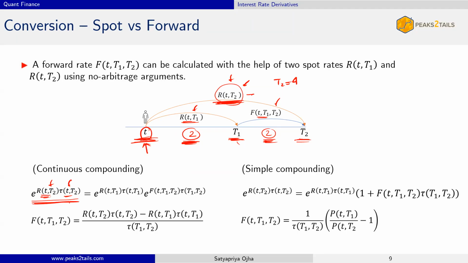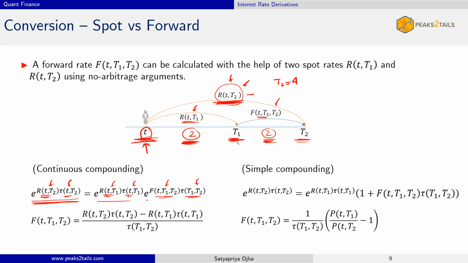If you book at the spot rate for the entire period, T to capital T2, which should be same as you break it down, book with the spot rate till T1. So the year fraction will be from T to T1. And again, whatever amount you had, you grow it again using the forward rate, e to the power f t T1, T2. So the forward rate is applicable between T1 and T2 and the corresponding year fraction between T1 and T2.